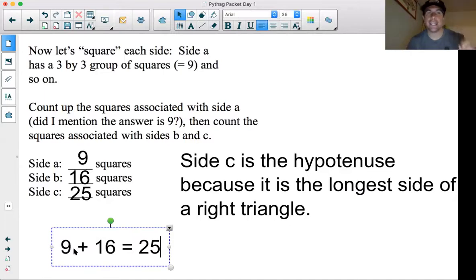So indeed, if I had side lengths 3, 4, and 5, those 3 side lengths will form a right triangle because the sum of the squares of the two smaller sides equal the square of the bigger side. Now that may have sounded a little confusing, but I'm going to make it very easy for you guys.